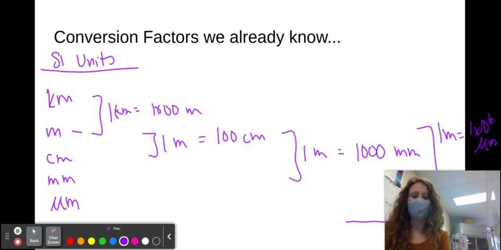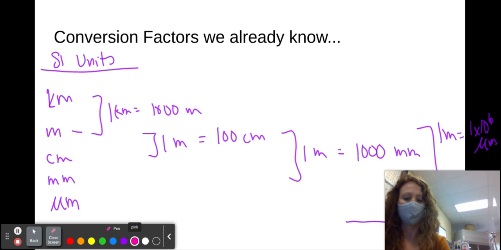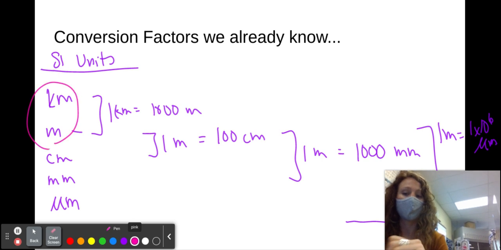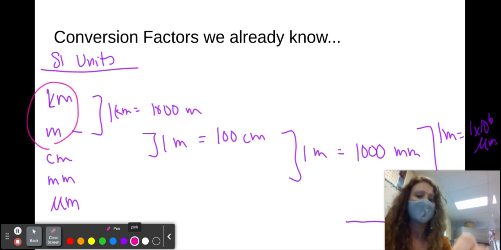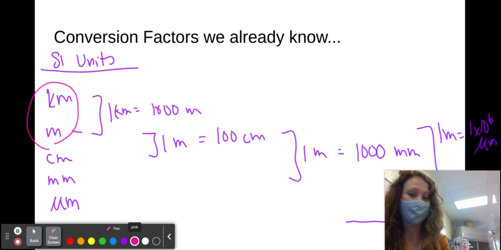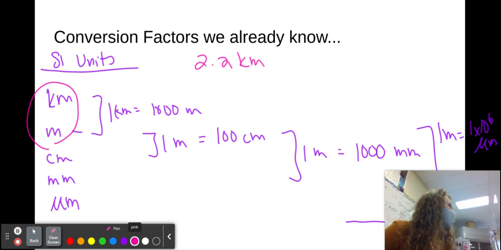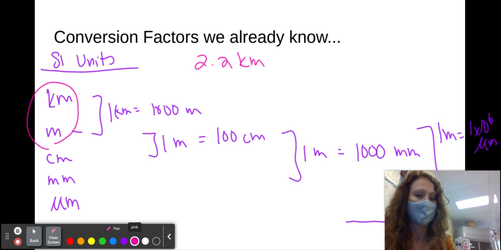So if we want to convert between kilometers and meters, let's say from here to Michigan, I'm not going to be able to ballpark this. From here to Winco is 2.2 kilometers. If I want to convert that into meters, same distance, communicated in a different unit, right?